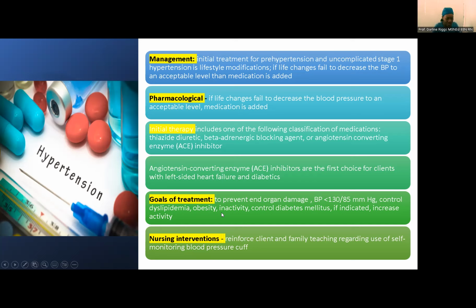We want you to exercise. We want to control your blood sugar. Lots and lots of teaching concerning this, and you could see the teaching and learning questions. As you're learning this, think of how you teach this to the client. What's the priority thing to make sure the client knows as they're being prescribed these medications or being diagnosed with hypertension, okay?